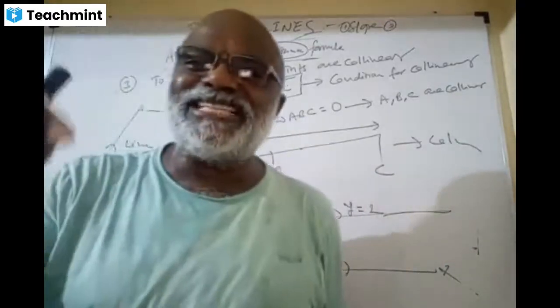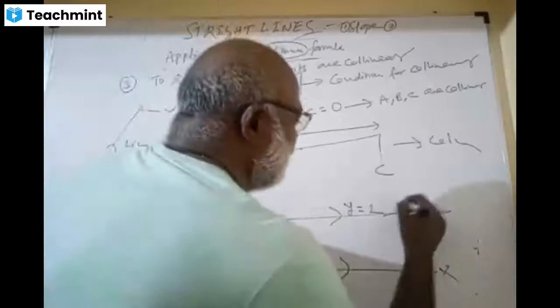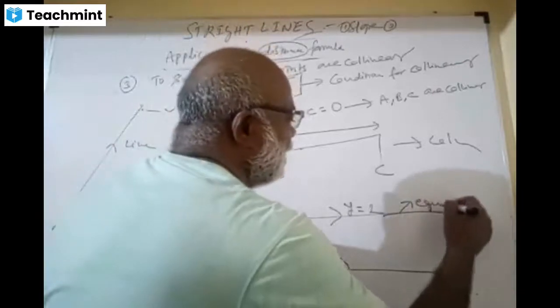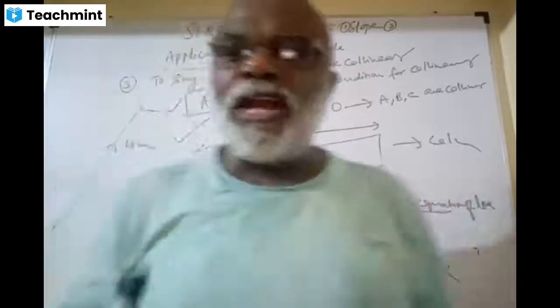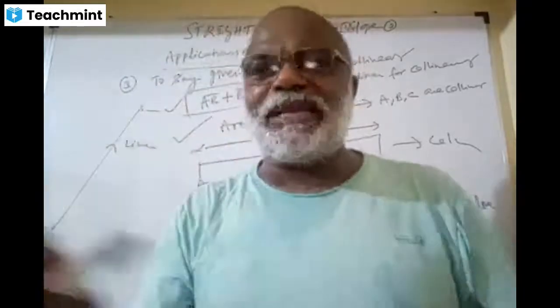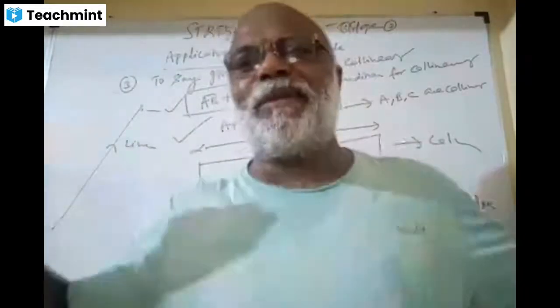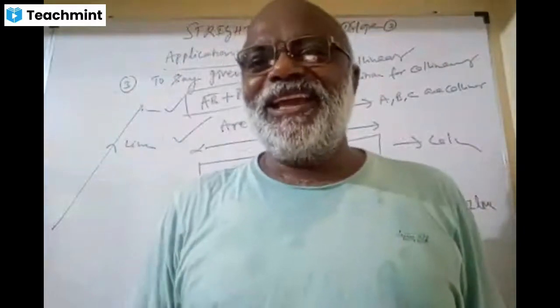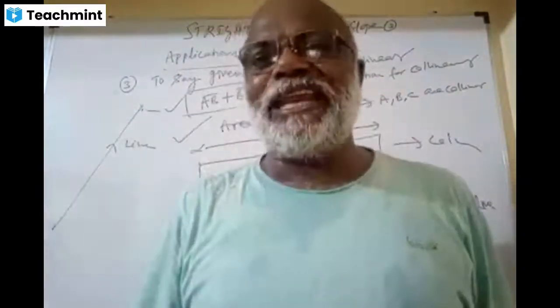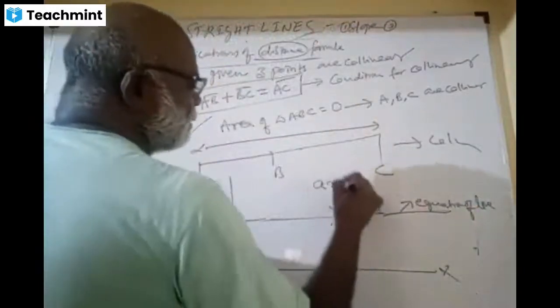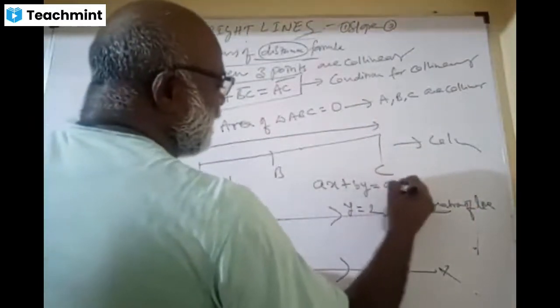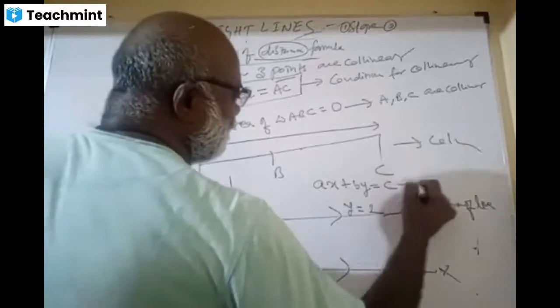That equation is called the equation of this line. In 10th standard, if you take linear equations in two variables, you said that ax plus by is equal to c, or minus c, it doesn't matter.